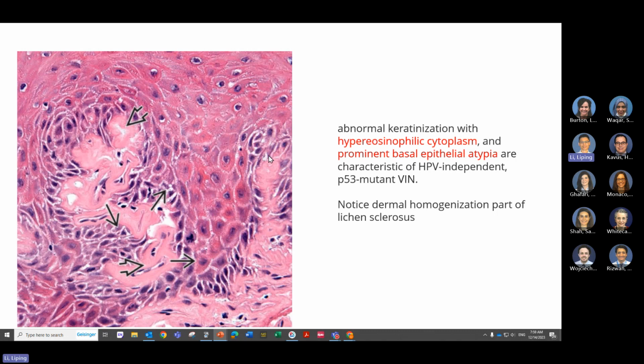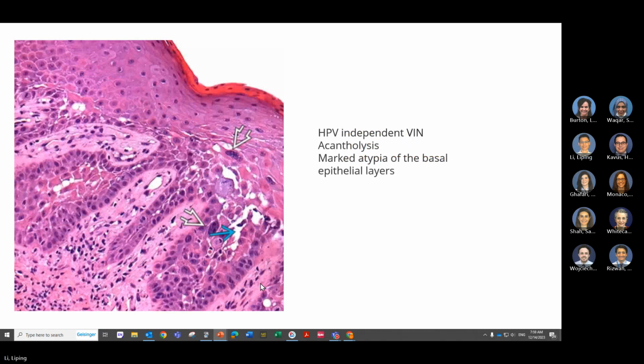And then we also notice that in this papillary dermis, we can see really thickened collagen. So these lesions should arise in this lichen sclerosis background. Then again, we can see this P53 mutant, HPV independent VIN.